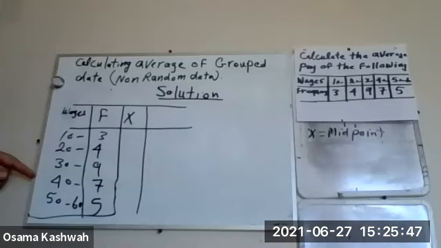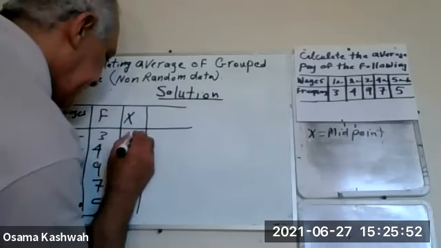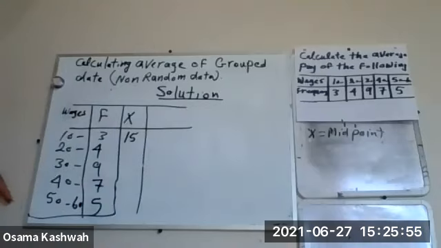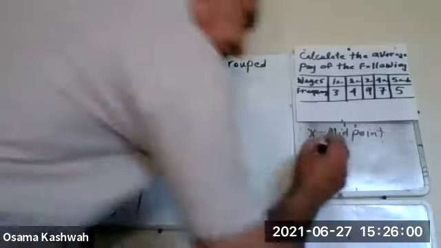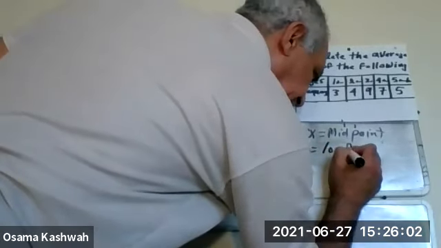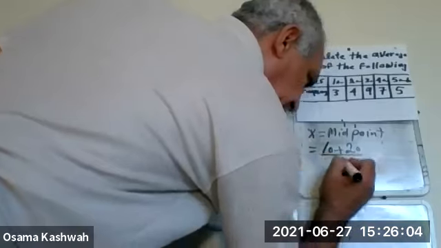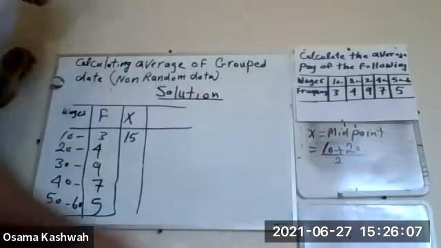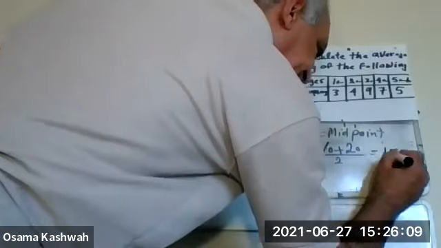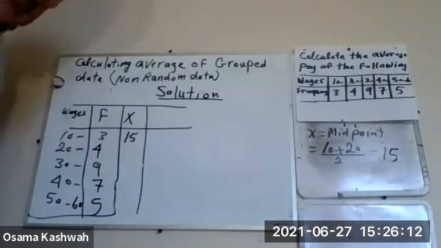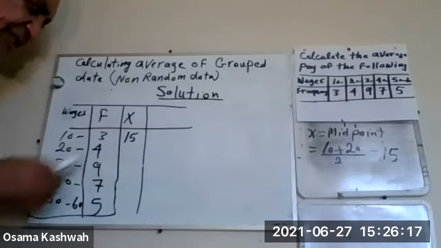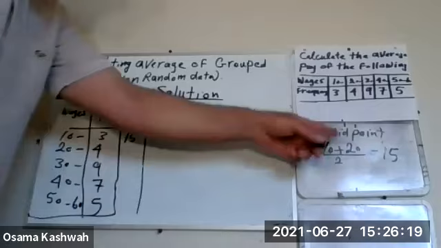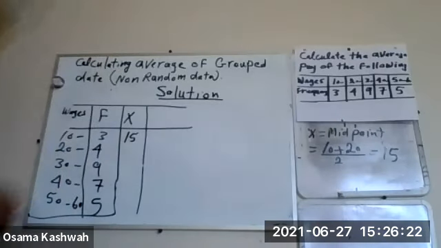So as an example here, 10 plus 20, 30, divided by 2 will give me 15. It's the center point of the denomination, the number in the middle between 10 and 20. This we call the midpoint, or X.